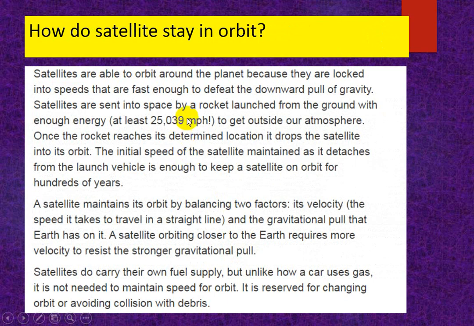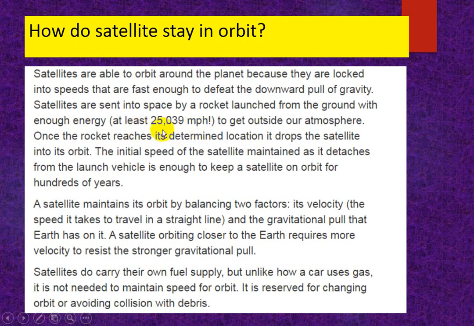Okay, how do satellites stay in orbit? Satellites are able to orbit around the planet because they are locked into speed. They are fast enough to defeat the downward pull of gravity. Satellites are sent into space by a rocket launched from the ground with enough energy, at least 25,039 miles per hour.